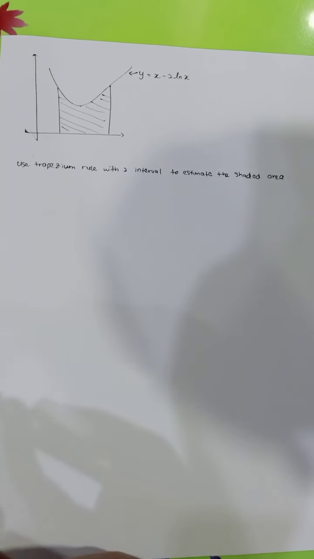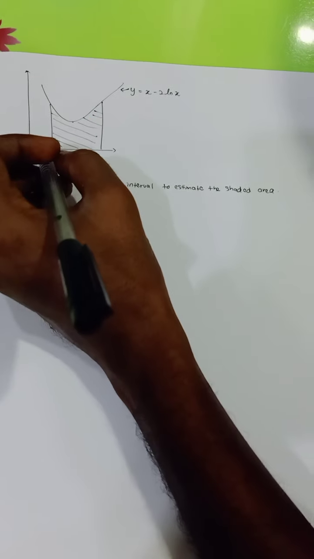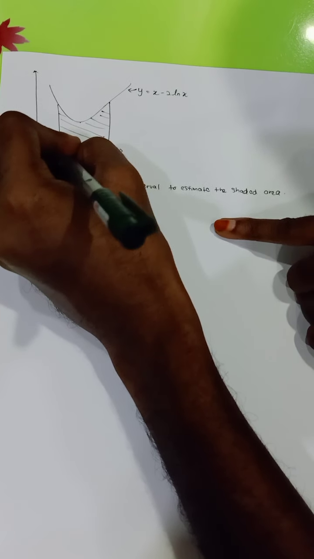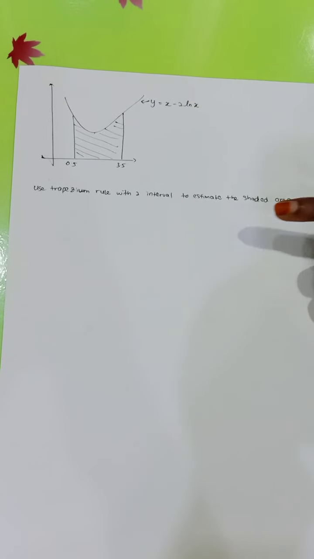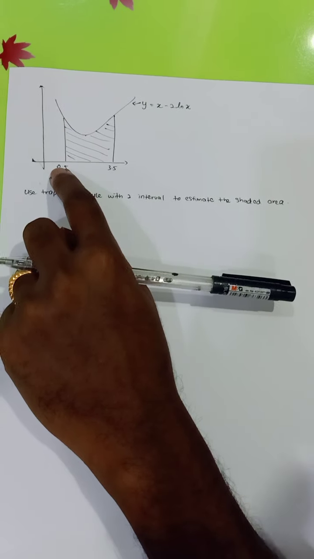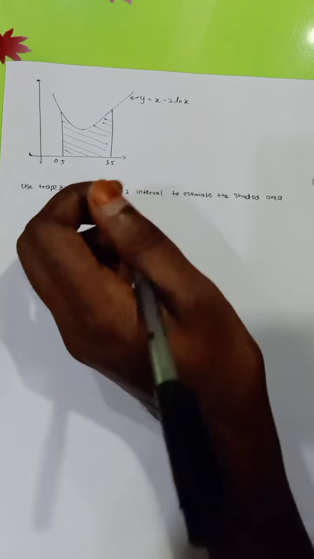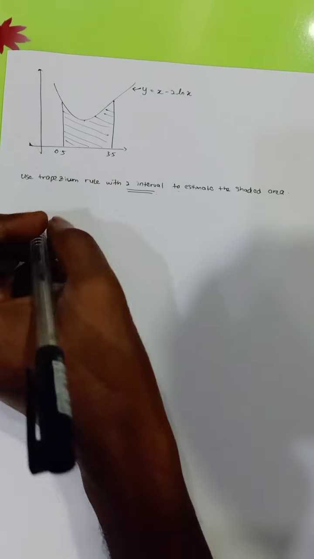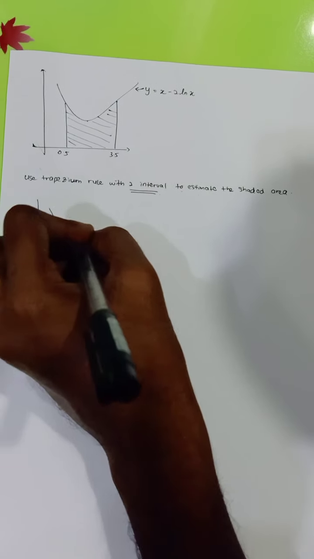Okay, now let's look into an example. Here I give you a curve y equals x minus 2 ln x, and find the area from 0.5 to 3.5. Use the trapezium rule with two intervals to estimate the shaded region. First we draw the trapeziums.